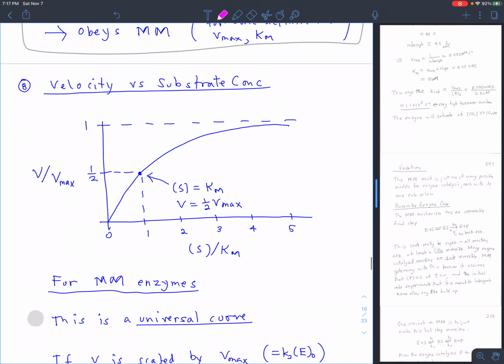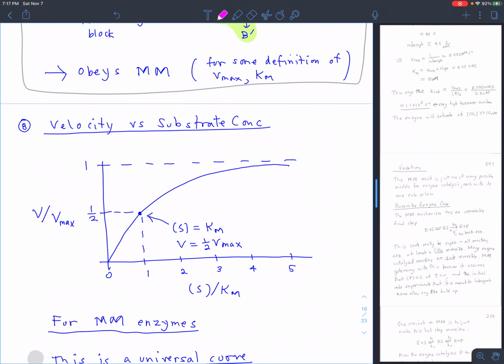All right, what does the Michaelis-Menten rate law say? Here it is. V is equal to Vmax times 1 over 1 plus Km over the S concentration. If you plot that versus the S concentration, you get a curve like this. Notice that on the y-axis here, what I'm plotting is the velocity divided by Vmax.